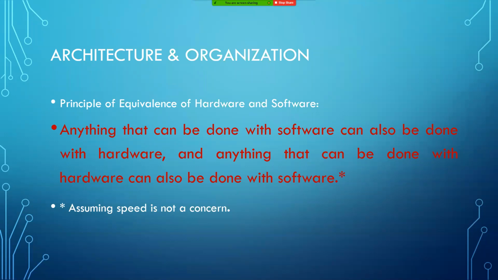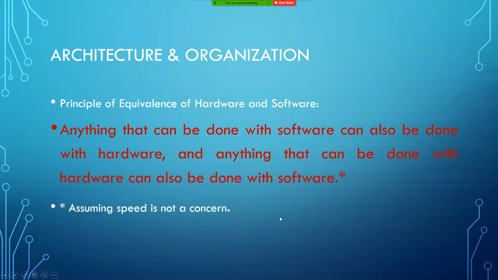If you can do a task by the software, you should be able to do the same task by the hardware also, and vice versa. This is the principle of equivalence of hardware and software, and it is true for every situation. But as you can see, there is a star mark, which means we need to assume some scenarios. The first scenario is that we don't consider speed, whether hardware or software is faster.